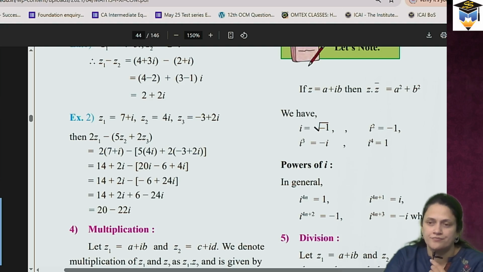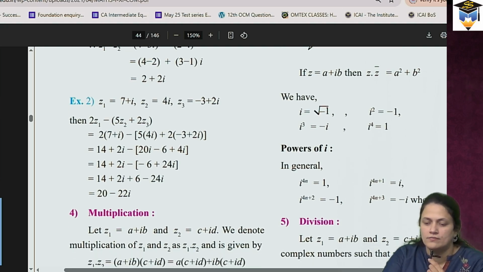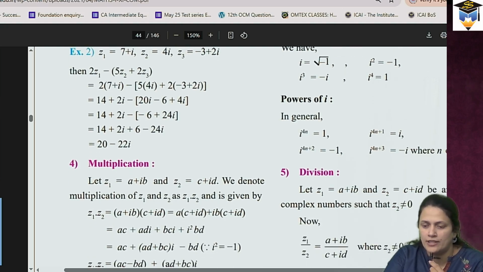Is it done? Everybody understood? Example number 2. Any doubt? Gargi, any doubt? Now let us solve the multiplication part. Atharva, are you done writing?